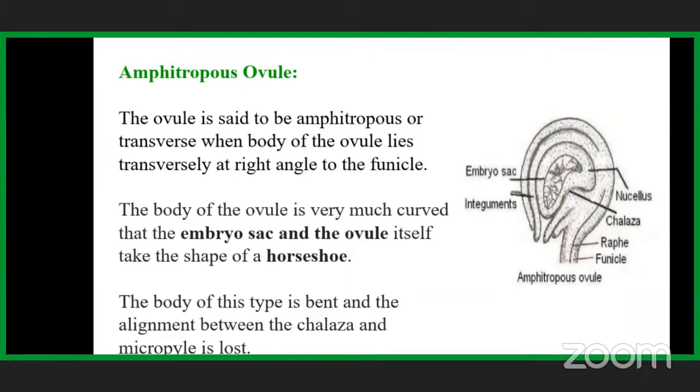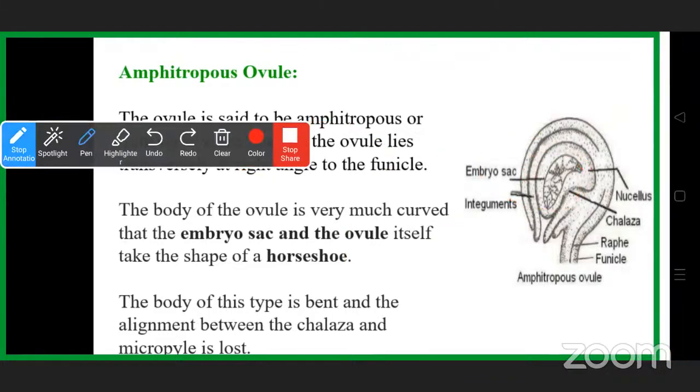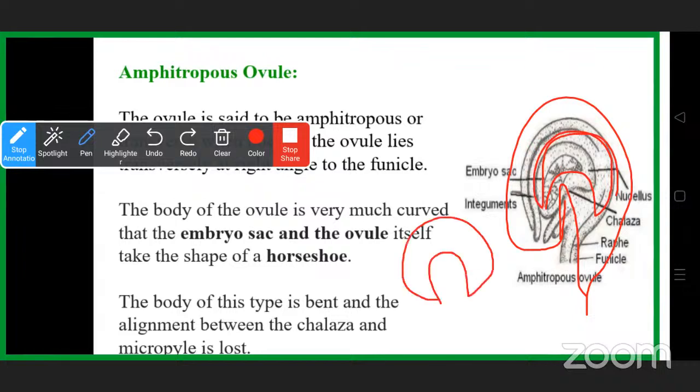Embryo sac and ovule both are curved. Ovule and embryo sac both are there, both curved. It looks like a horseshoe shape.